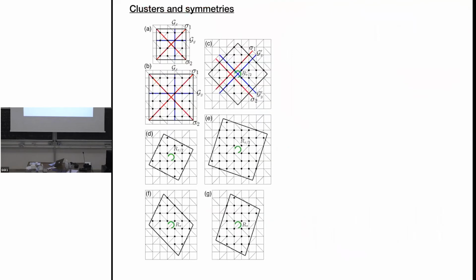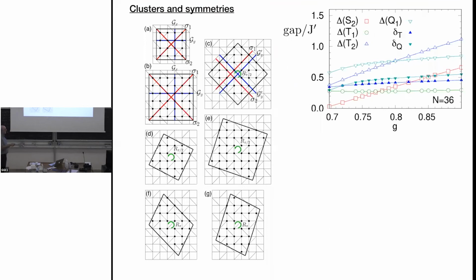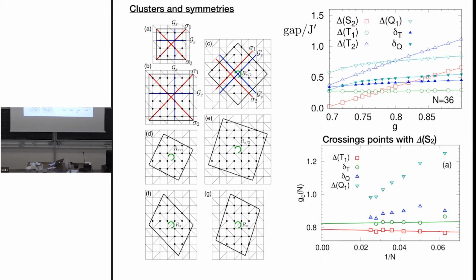And in fact, what we are seeing, and this is now, if we have just 4x4 and 6x6, it's not enough to try to do some scaling. So one can use tilted lattices and non-square lattices and so on. And we get some levels, or gaps I should say, as a function of g, which is again a coupling ratio. Then we can see how those crossing points move as a function of the system size.